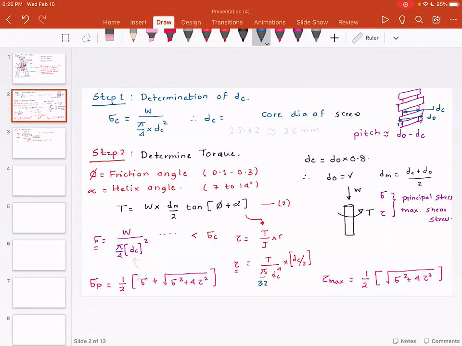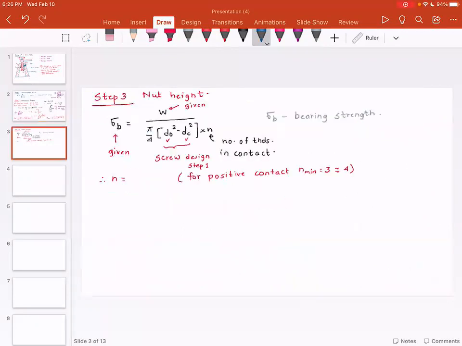And then there will be something called the pitch. This is the pitch, from this point to this point. So depending upon the number of threads in contact, you can find out the height of nut.